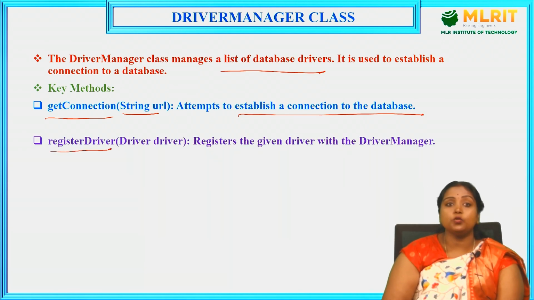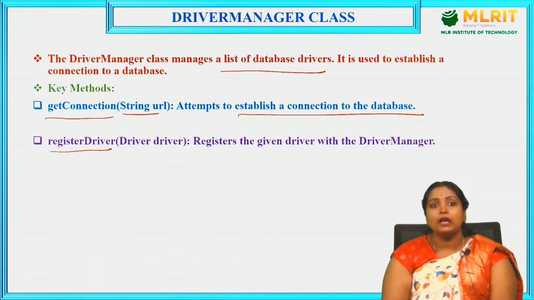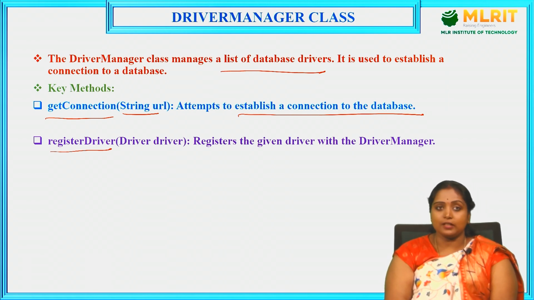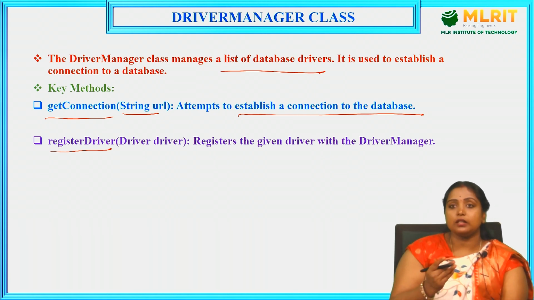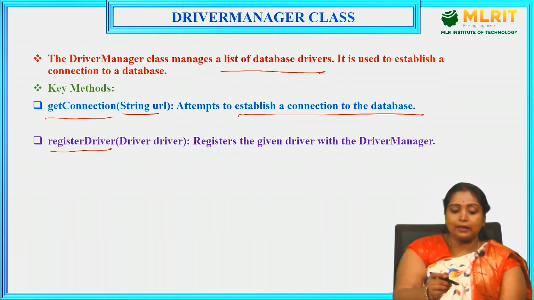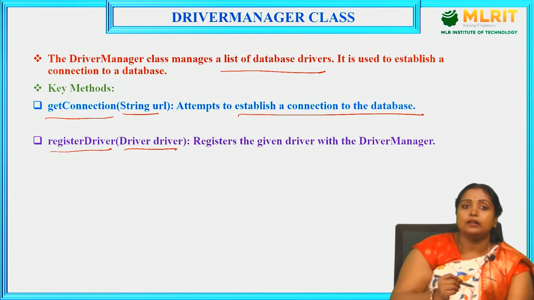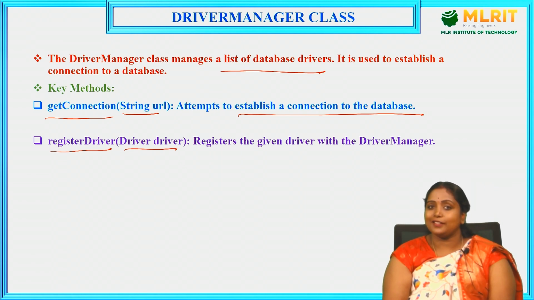When you are using the Driver interface, you have to use registerDriver. If you don't use a Driver interface, you can go directly with getConnection. Whatever driver you are using, that instance has to be supplied to registerDriver.